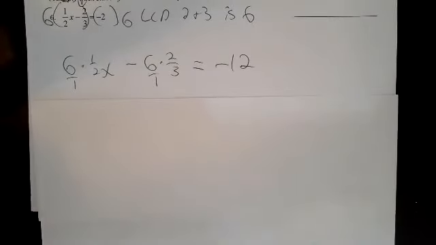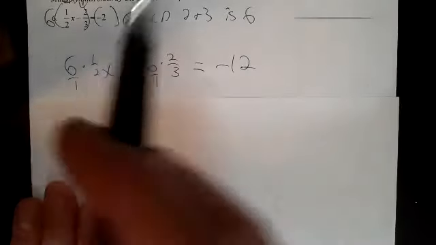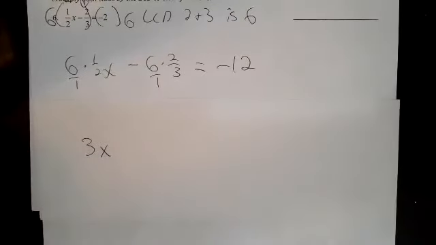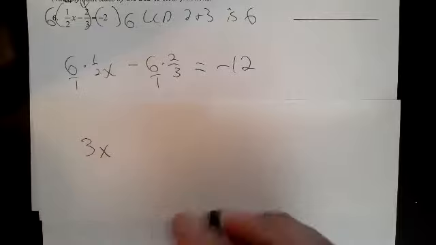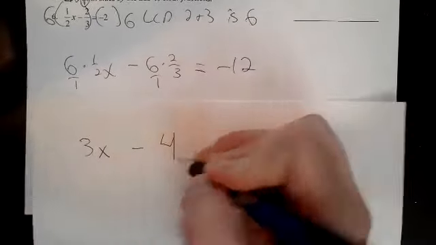And so I'm probably going to do this a little quick, but this is 6. And then I'm going to end up dividing it by 2. It's going to give me, and there's an x attached here. I'm going to do 6 times 2, which is 12. And then I'm going to divide it by 3. It's going to give me 4.